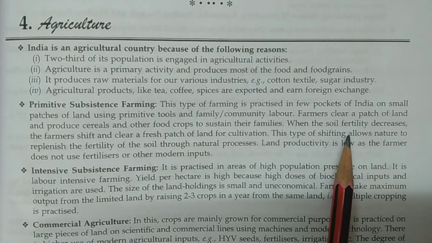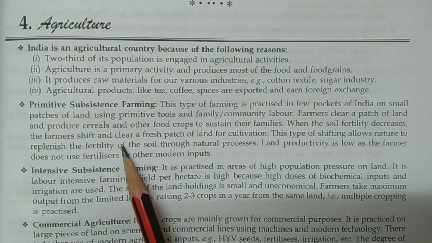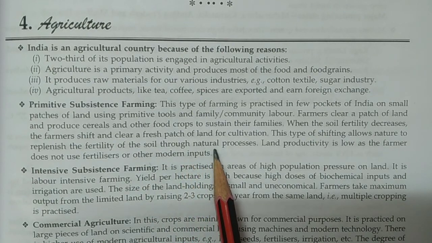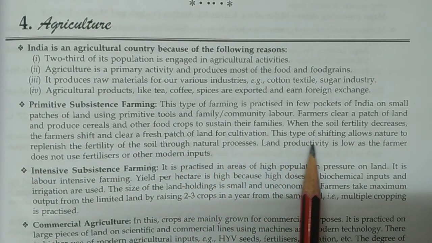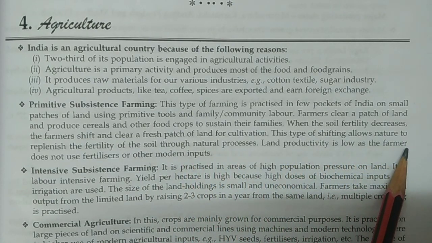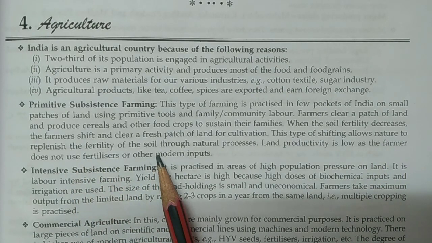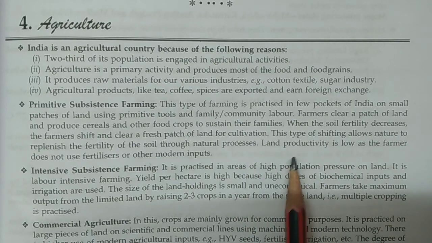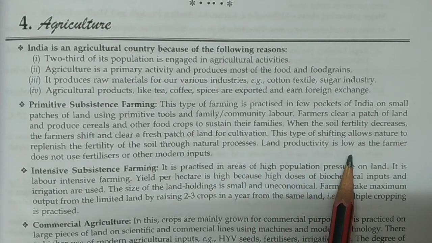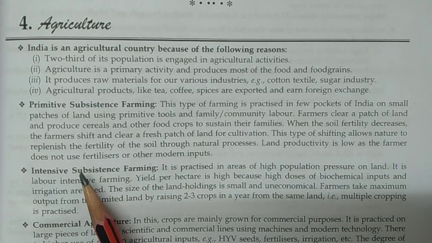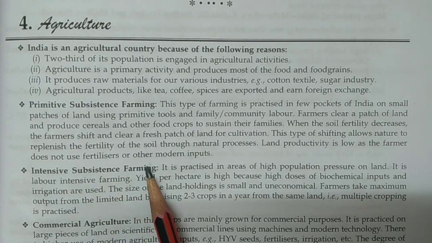When the soil fertility decreases, the farmers shift and clear a fresh patch of land for cultivation. This type of shifting allows nature to replenish the fertility of the soil through natural processes. Land productivity is low as the farmer does not use fertilizers or other modern inputs.